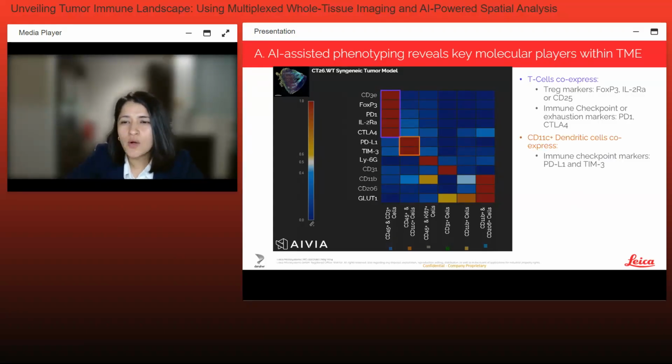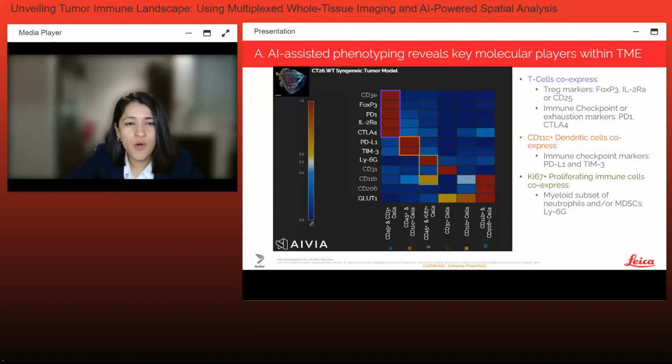Next, we also note the co-expression of specific immune checkpoint proteins like PD-L1 and TIM3 in conventional dendritic cells, which are shown here in orange. And this may possibly impact their anti-tumor response.